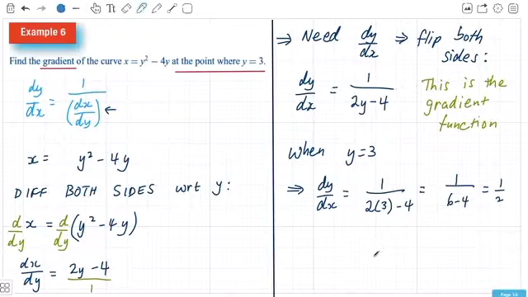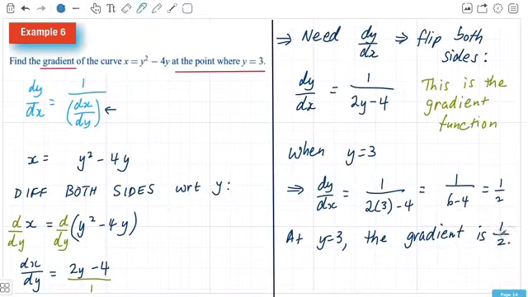So what that means then is that at y equals 3, the gradient of the function is equal to a half. So that means we have a gradient of a half at the curve at that point. What you might like to do as well is to put the point y equals 3 into this function.